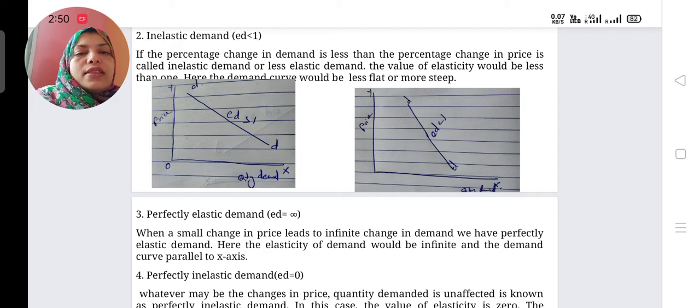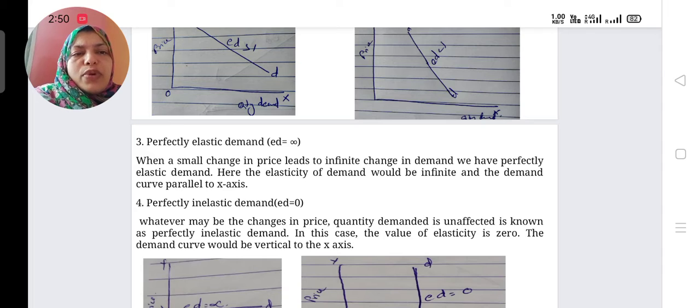Then the third type is perfectly elastic demand. Its value will be infinite. When a small change in price leads to an infinite change in demand, we have perfectly elastic demand.